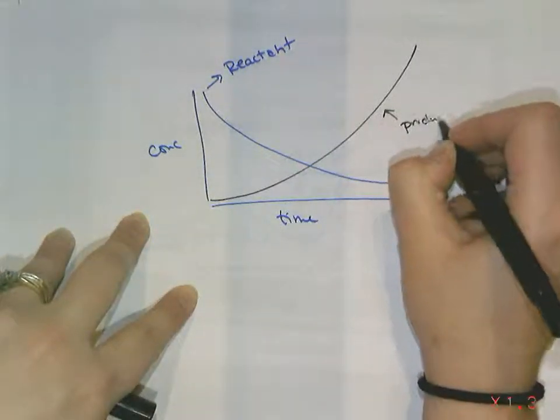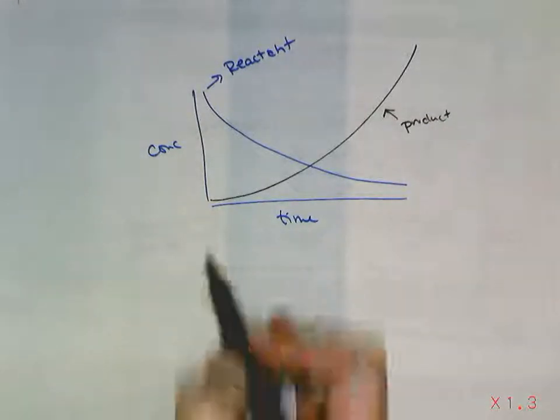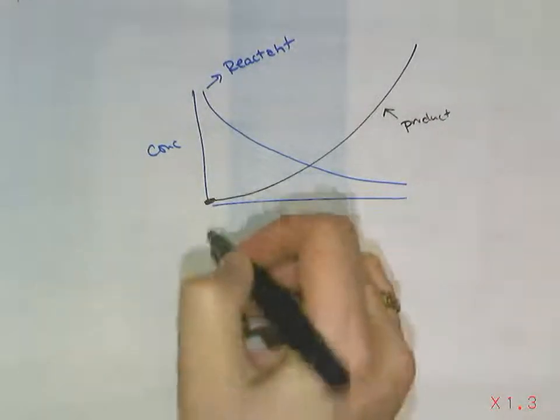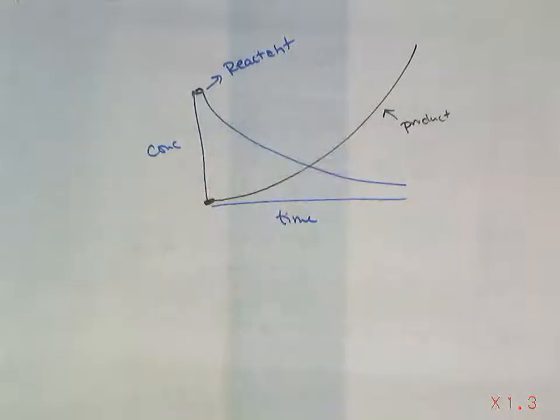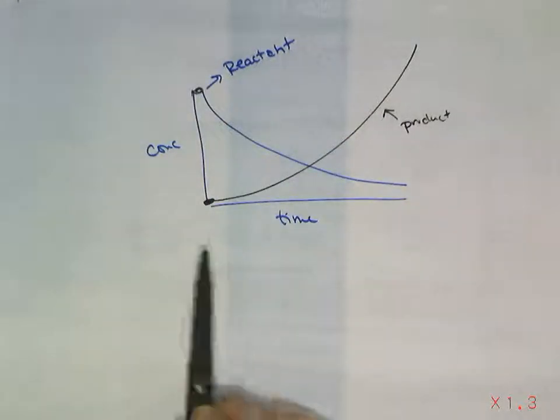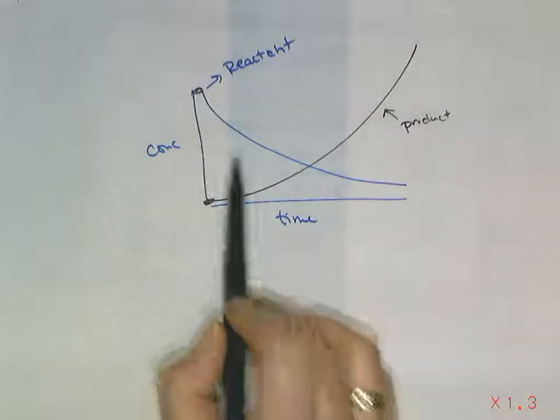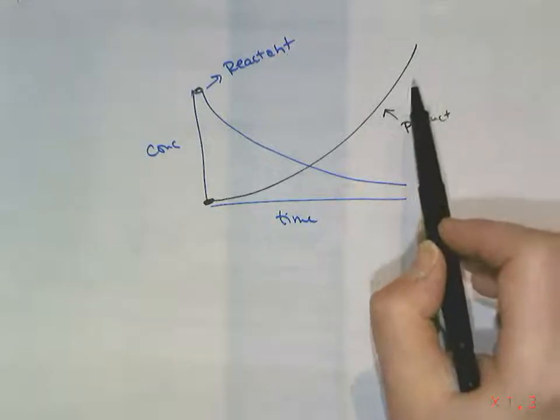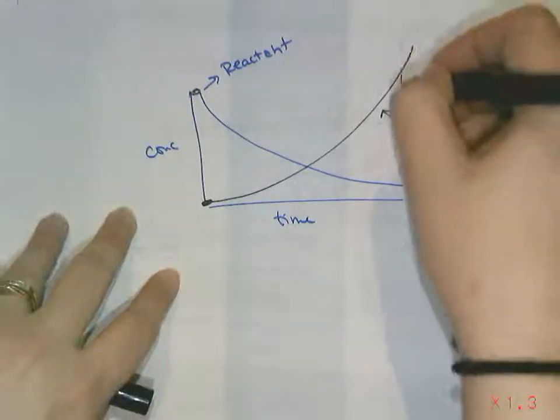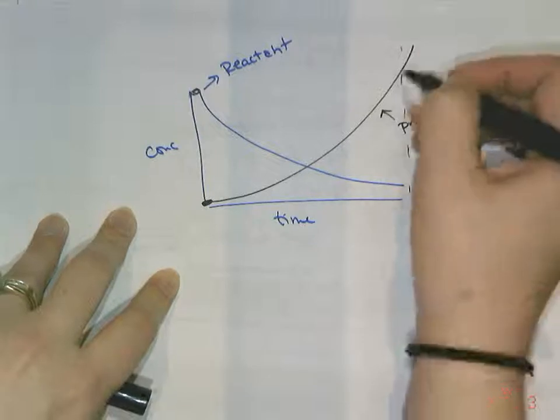At time 0, you have all reactant, 0 product. As time goes on, you lose reactant and you gain product. And at some time way out here, you have no more reactant and all product. Okay.